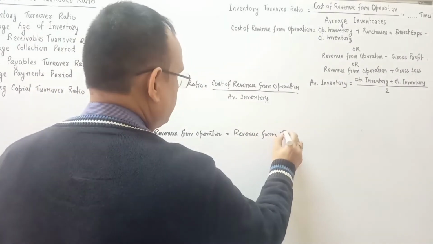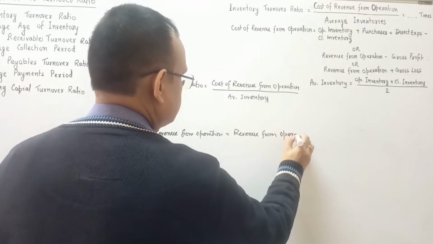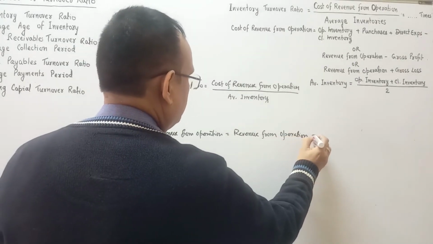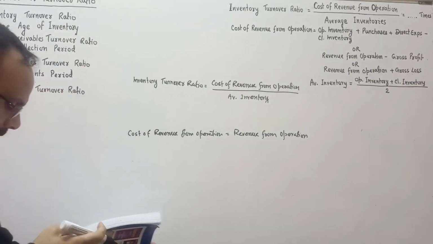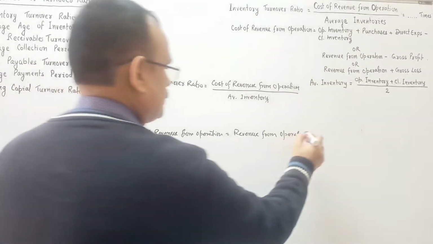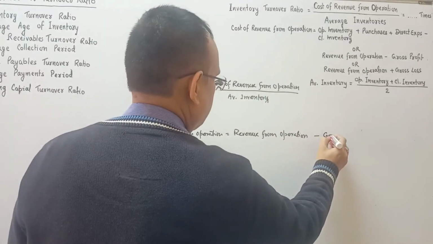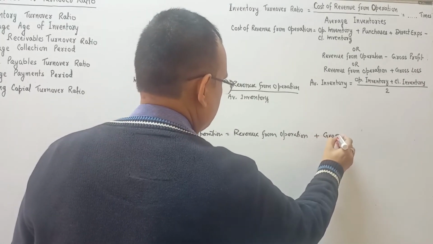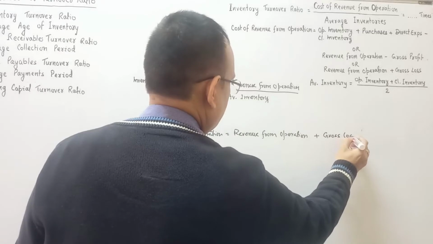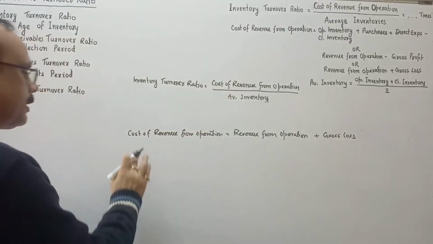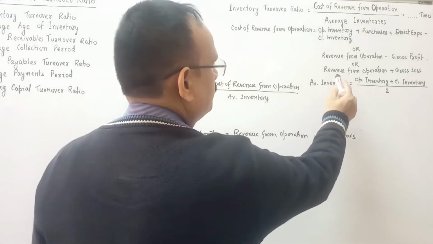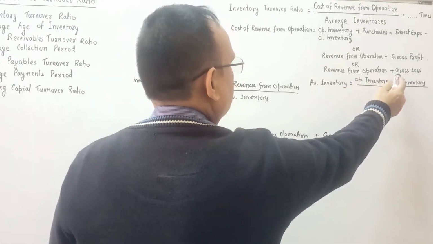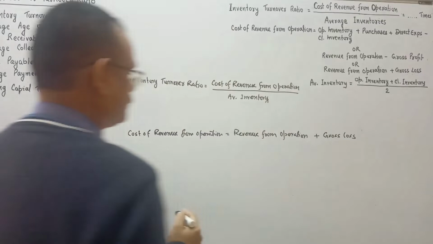Okay, and gross loss is given, 10% of revenue from operation. You add the gross loss to revenue from operation, you will get the cost of revenue from operation. Here I explained it: revenue from operation plus gross loss is equal to cost of revenue.